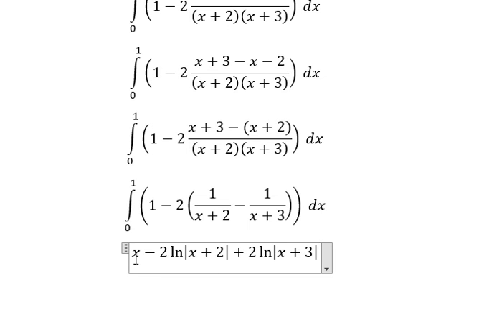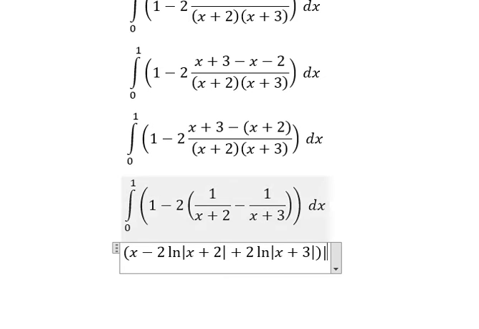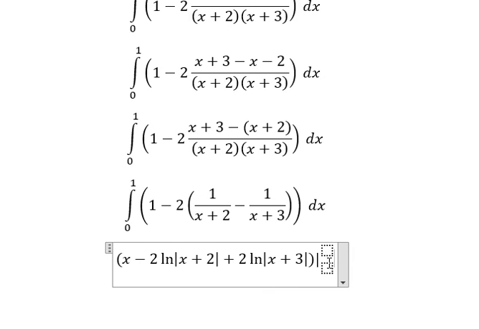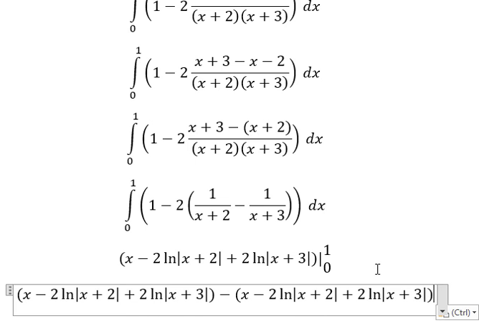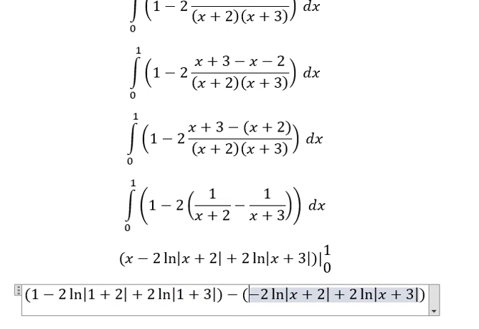And now we can put the bounds from 0 to 1. So we put 1 in here, and 0 in here.